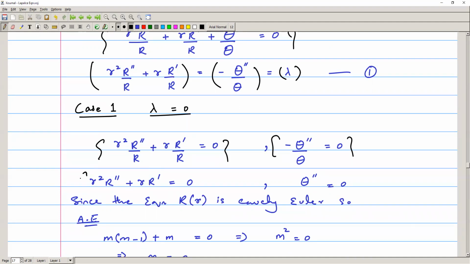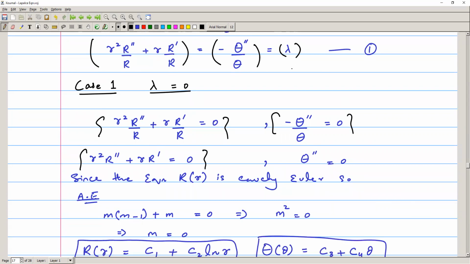So now we can see here this is equal to 0 and this is equal to 0. So this is an equation of Cauchy-Euler type. We know that the auxiliary equation for the Cauchy-Euler equation is given by a times m into m minus 1 plus b times m plus c is equal to 0.